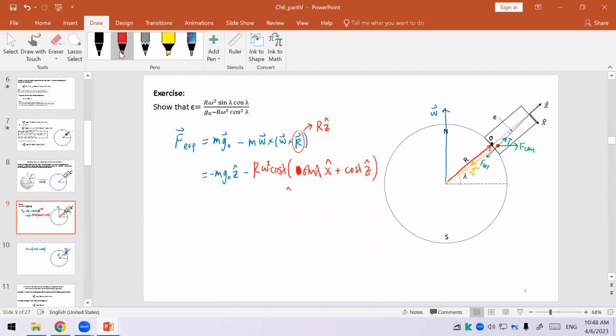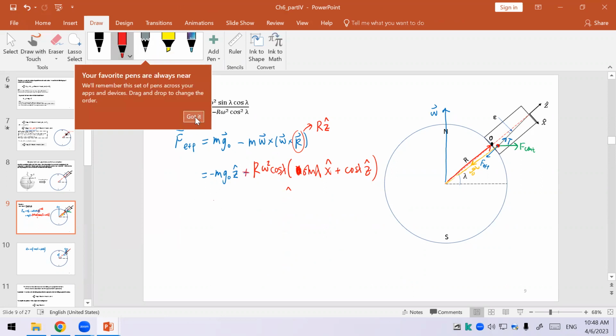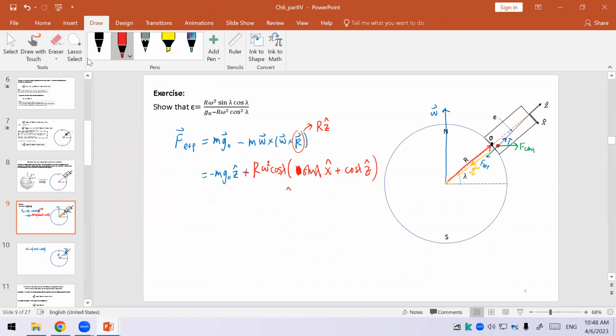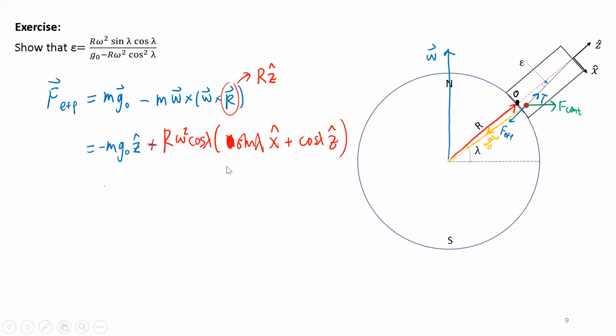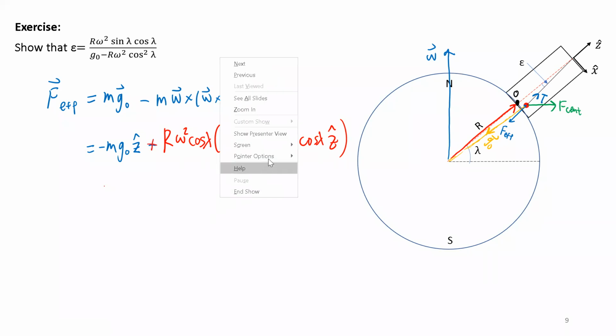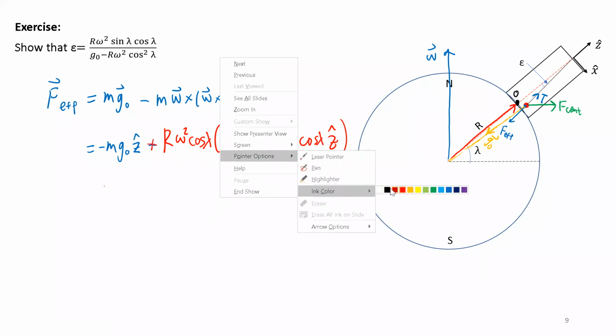Okay. Now have a plus sign here. Okay, so then this angle, this epsilon, right? So how do we find this?